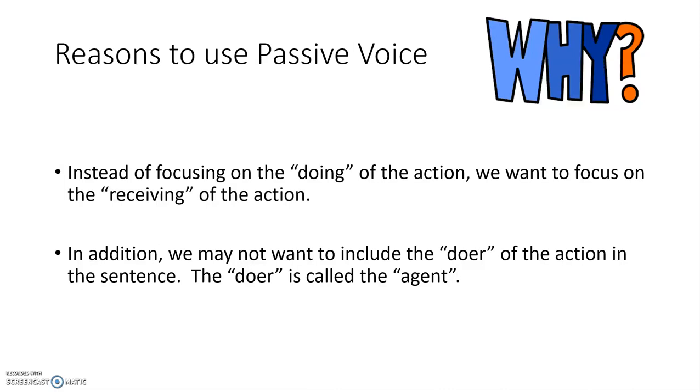Well, sometimes it's nice to have more than 2 ways to write something correctly, and it depends on what you're trying to accomplish and what you want to focus on. So first, instead of focusing on the doing of the action, we want to focus on the receiving of the action. Second, in addition, we may not want to include the doer of the action in the sentence. The doer is called the agent.